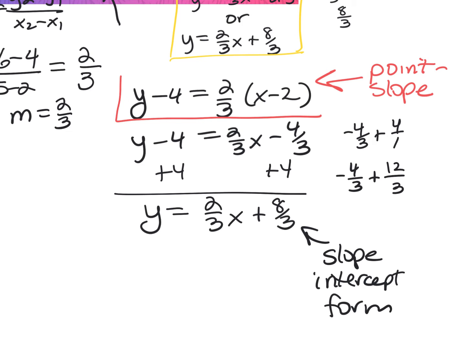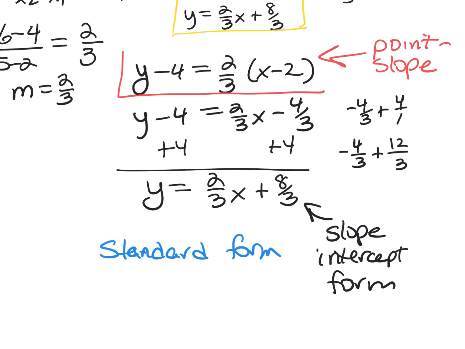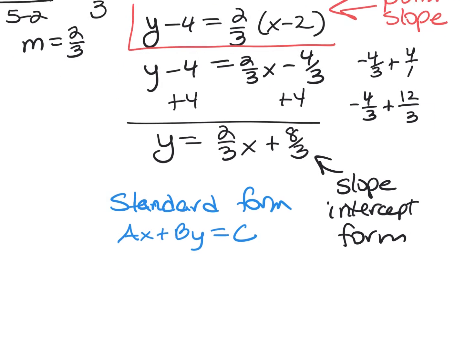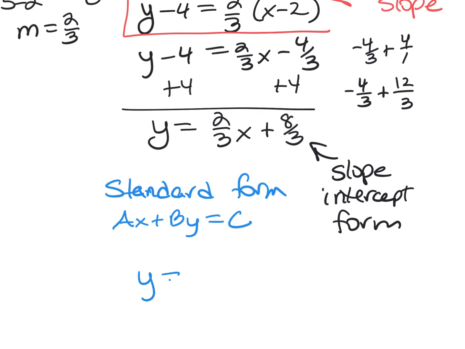If the question says put this now in standard form, remember standard form is going to be ax plus by equals c, no fractions, and the first number, the a, cannot be negative. So let's work on rearranging this one into standard form.